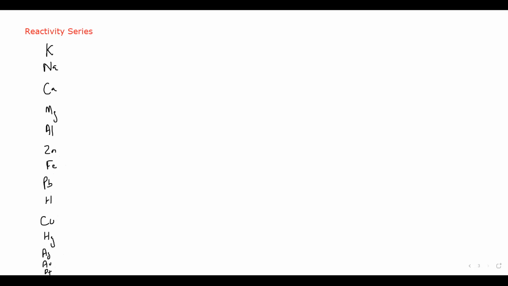Normally, throughout the O levels, you will not study any gold reaction, so you don't have to include gold. You will just include silver and platinum. But gold is also there.